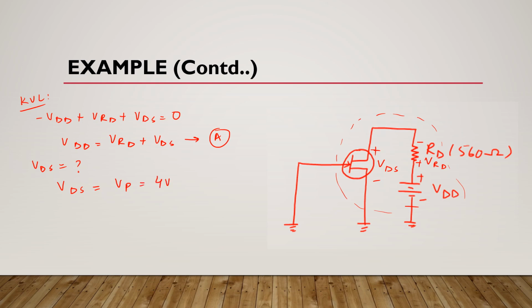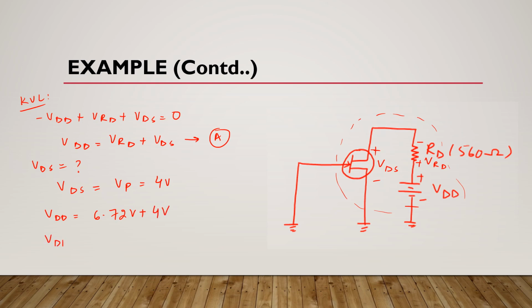Now we know the value of VRD and we have this value of VDS, so we put these values in equation A. We know that VRD is 6.72 volts and this VDS is 4 volts.